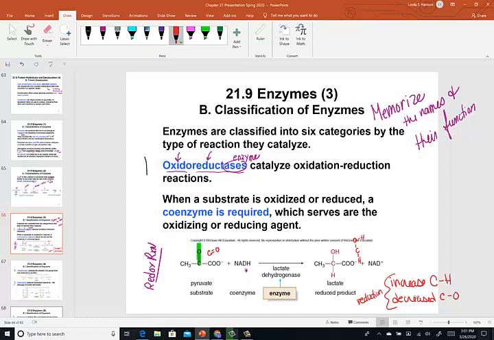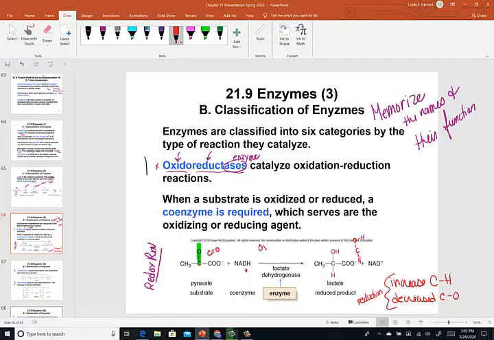To oxidize means to increase the number of oxygen carbon bonds. To reduce means to reduce the number of carbon to oxygen bonds. This is an example of a reduction. Therefore, the type of enzyme that lactate dehydrogenase is would be called an oxidoreductase enzyme.